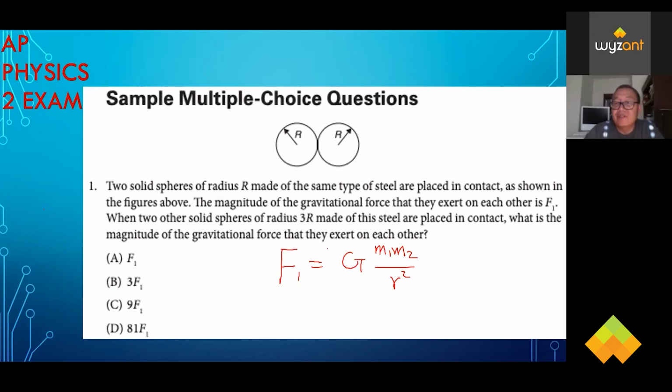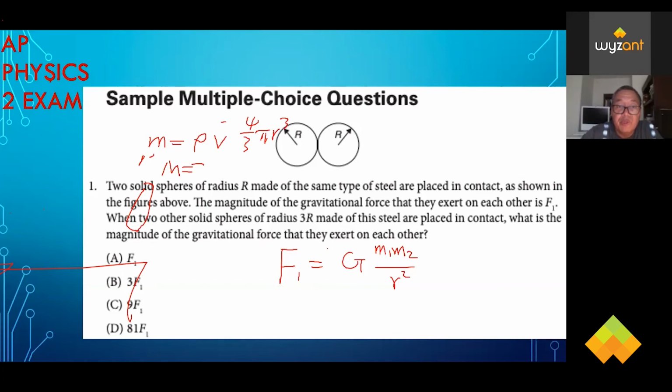Mass equals density times volume, right? When the radius becomes 3 times, the mass will scale with the radius cubed, because volume equals 4/3 times pi r cubed.